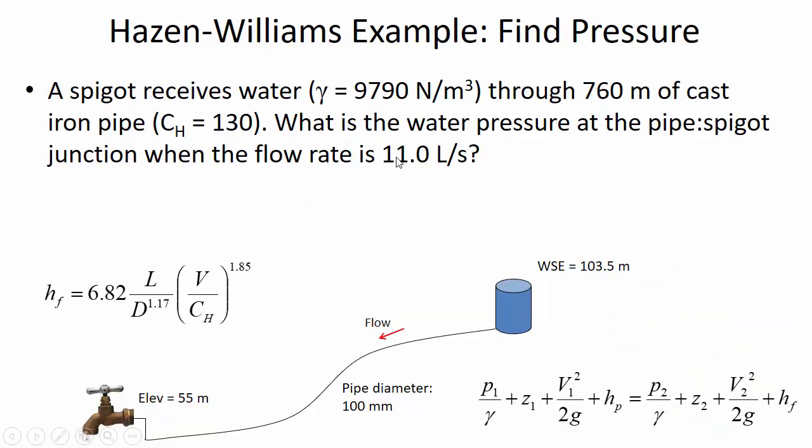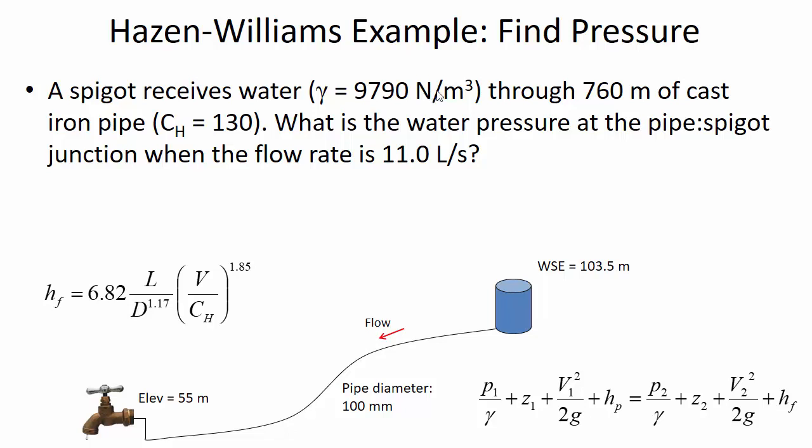So let's practice the Hazen-Williams equation, because they say the number one thing in education is you should teach to the test, right? That's a joke. They say you're not supposed to teach to the test. They say you're supposed to teach to prepare people for the profession. And that's what we do most of the time, but I also want you to be prepared for the FE exam. So let's practice two different Hazen-Williams equation questions today.